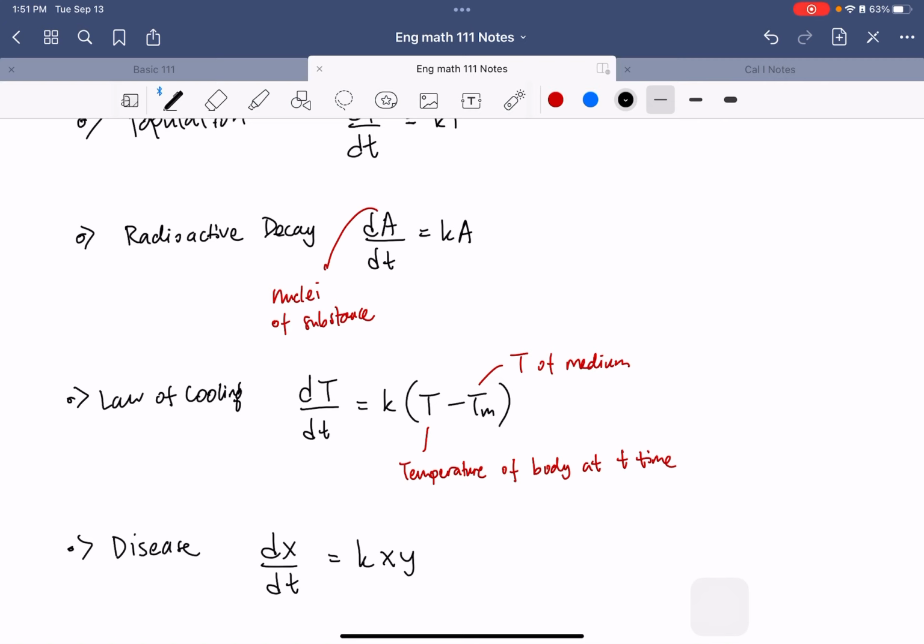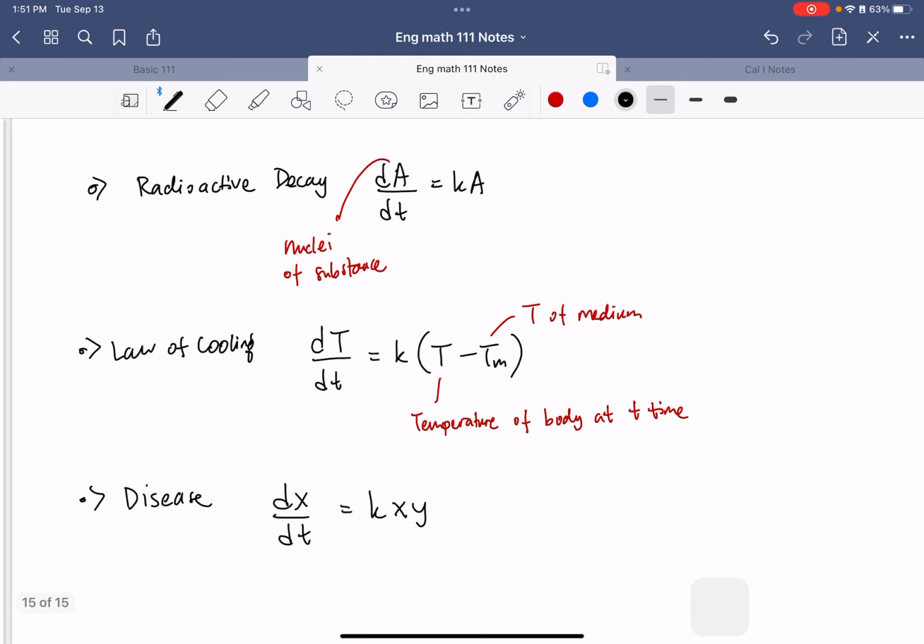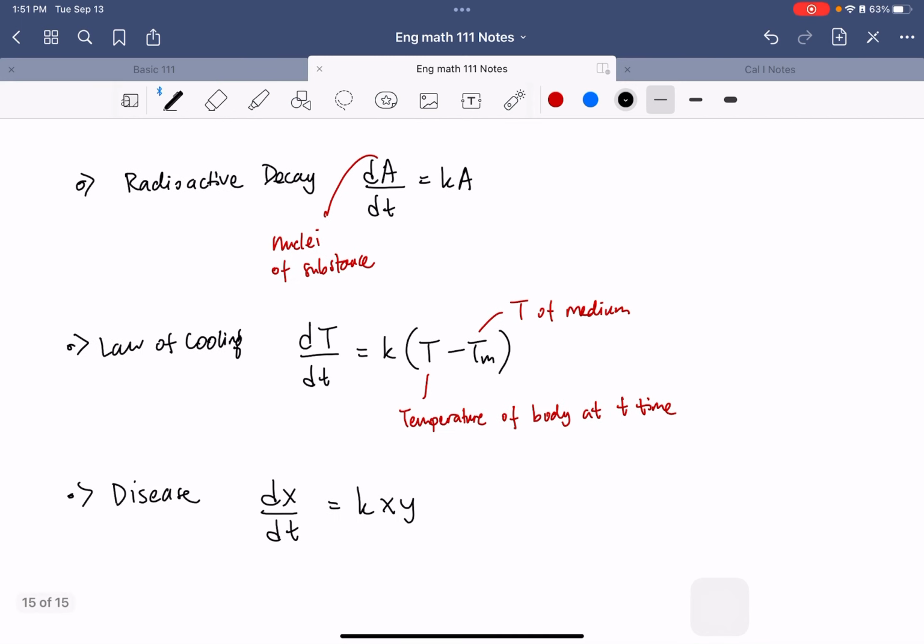So this xy can be related by x plus y is equal to n plus 1. So n is the fixed population.